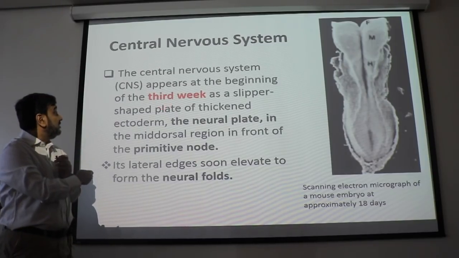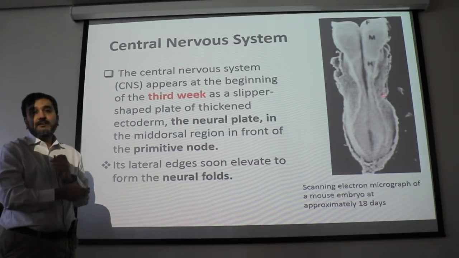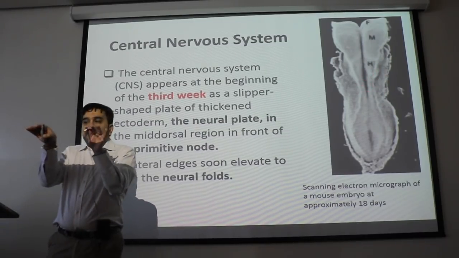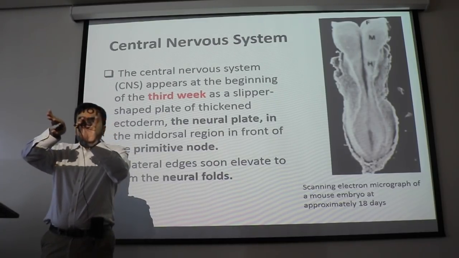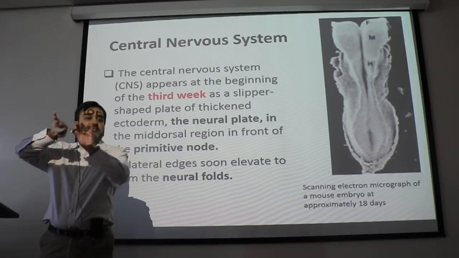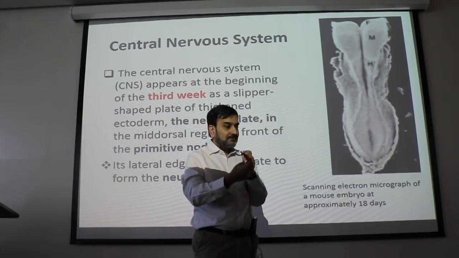This is around the 3rd week of development that you start to have the neural plate developing. So the surface ectoderm in the center over the top of the notochord starts to infold. And as it starts to infold, it is going to give rise to the neural folds. Okay?